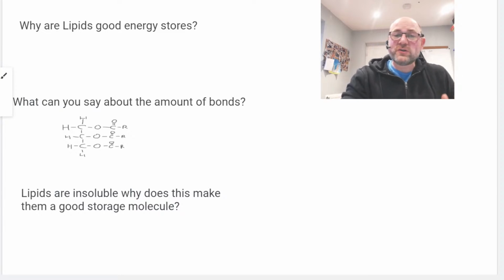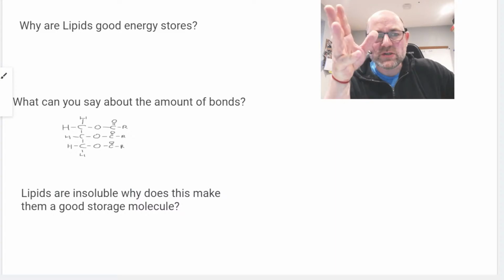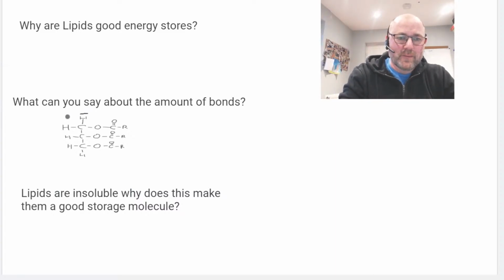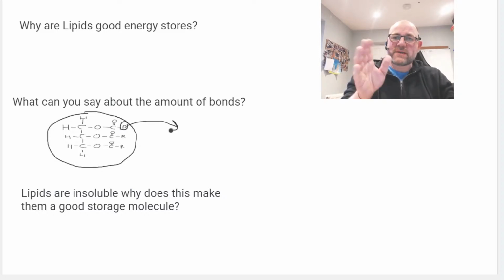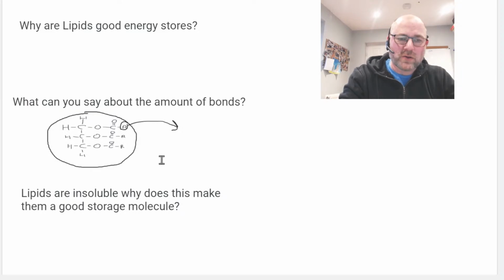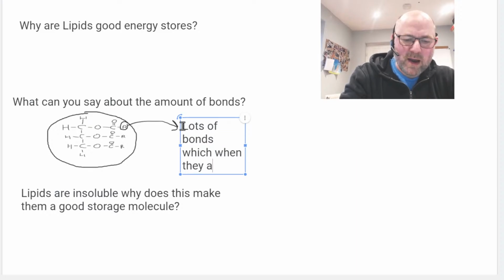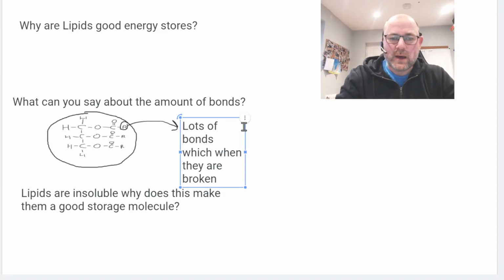Why are lipids good energy stores? So, why are lipids good stores of energy? Think about it. Look at the amount of bonds they have. Lots and lots of bonds. That R group there could have 20 carbons in it. Lots and lots of chemical bonds or covalent bonds. Lots of bonds which, when they are broken, think back to your GCSE chemistry days, bond making, bond breaking.